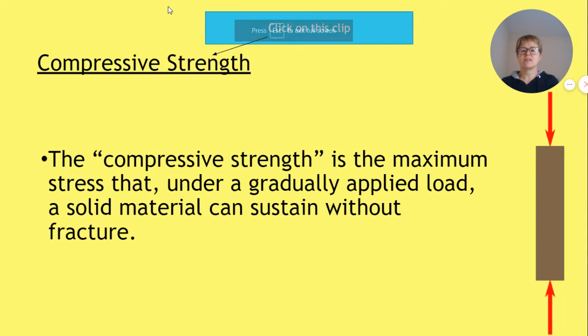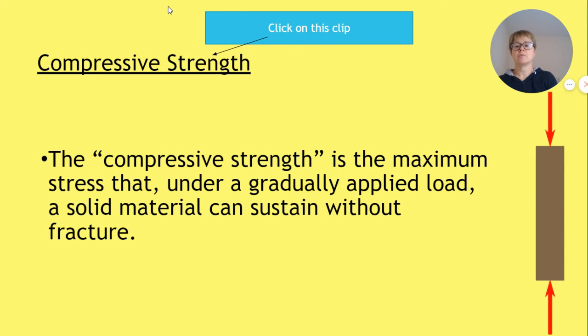Okay, compressive strength now. So compression is the opposite of tension. Tension forces, stretching or pulling. Compression forces, squashing. We're going to be looking at forces on a spring at some point, and compression would refer to squashing the spring, tension would refer to stretching the spring.